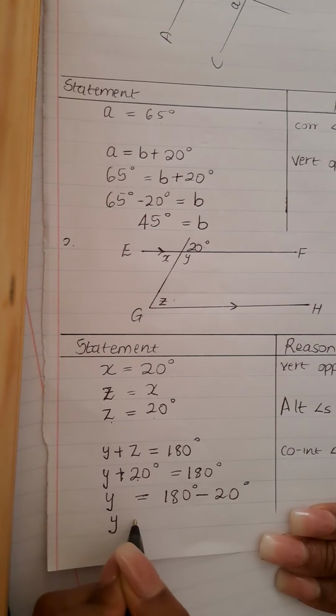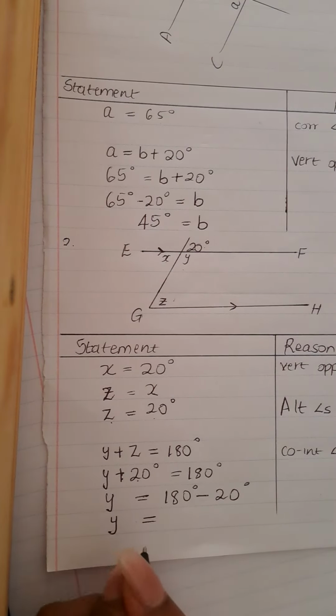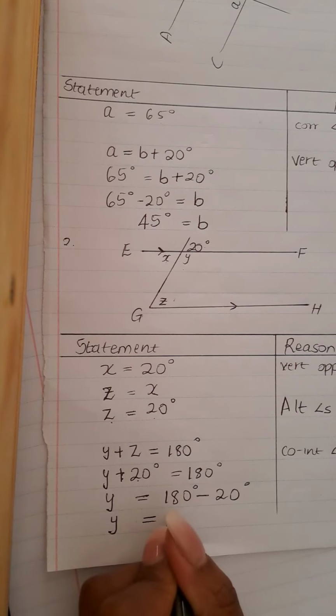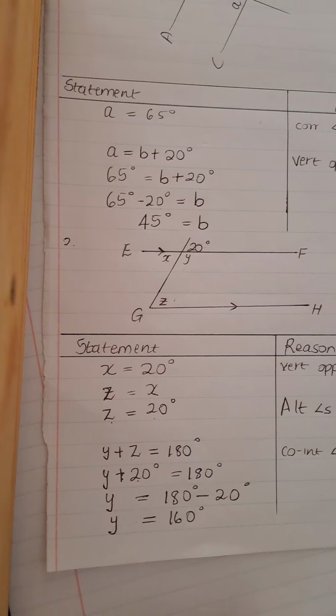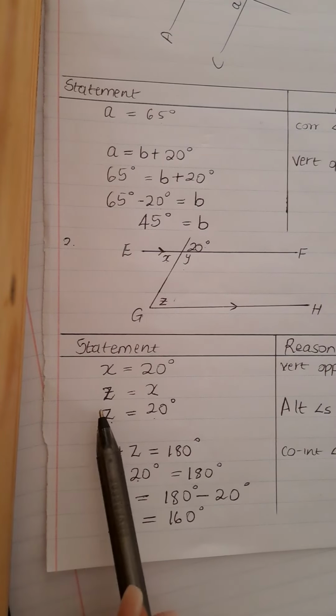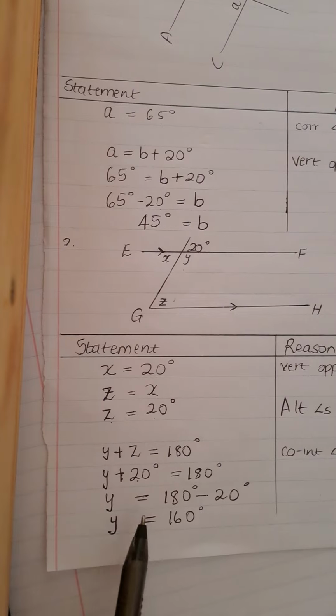The value of Y will be 180 minus 20 degrees, which is 160 degrees. And then we are done calculating the values of x, z, and y.